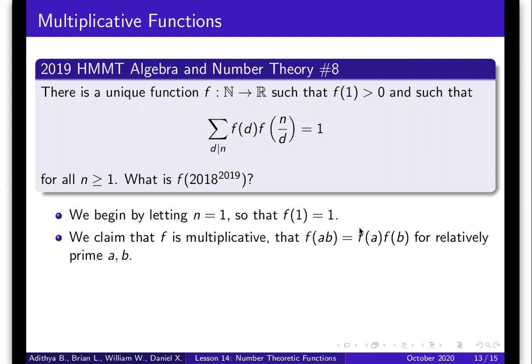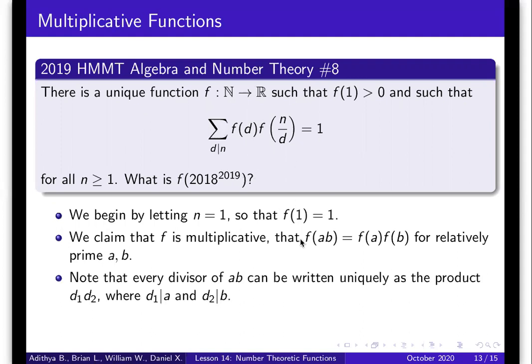Well, basically, we have this nice thing that if you plug in n equals a, for example, then it can basically just tell you what f of a is in terms of a bunch of previous terms. So that motivates us to plug in n equals a, n equals b, and n equals ab.